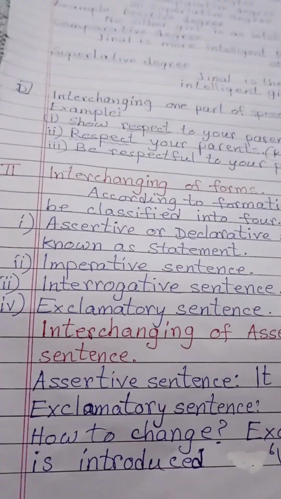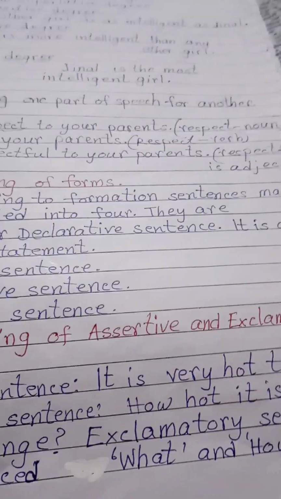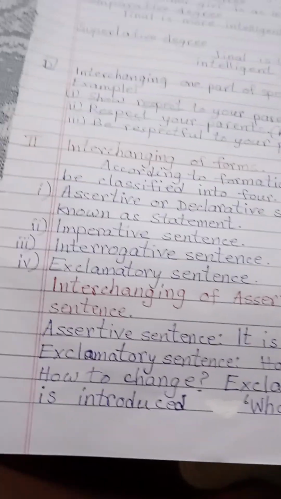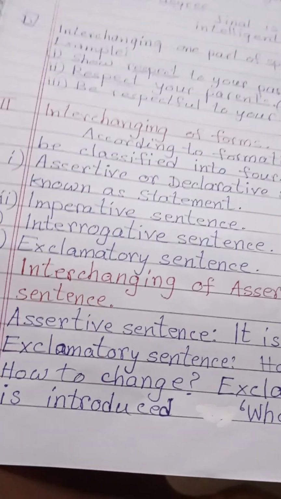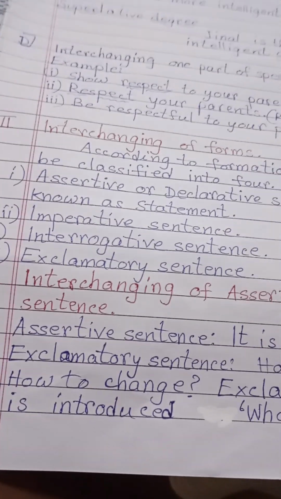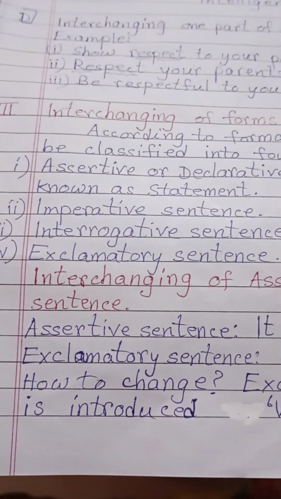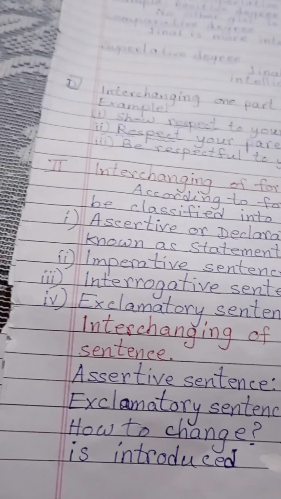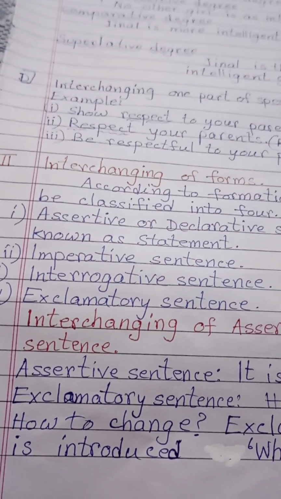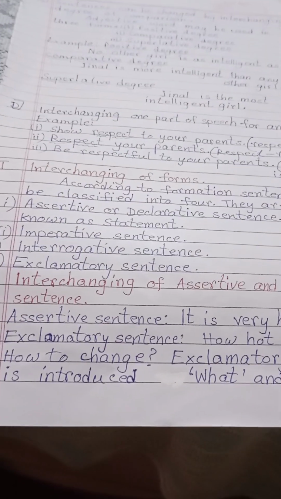They are first one, assertive sentence or declarative sentence. It is also known as statement. Next one, imperative sentence. Third one, interrogative sentence. Fourth one, exclamatory sentence.